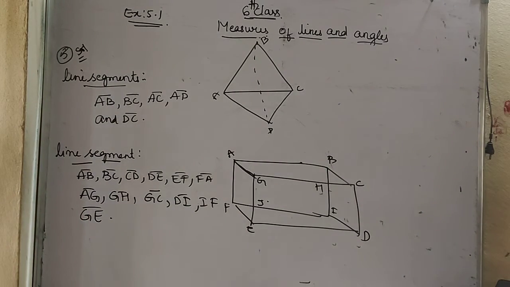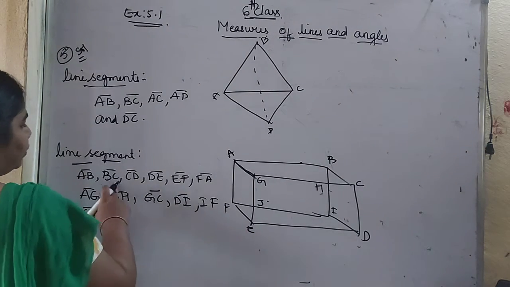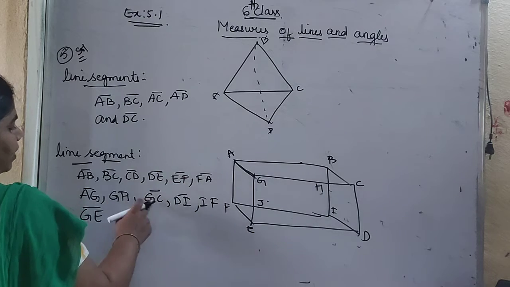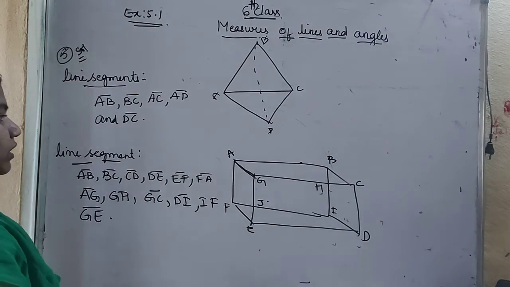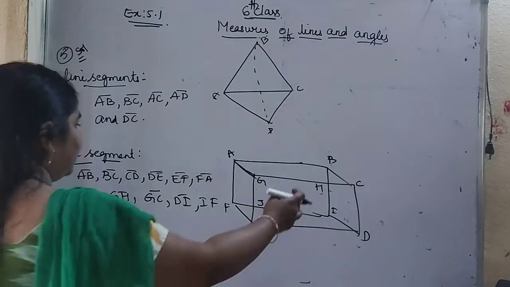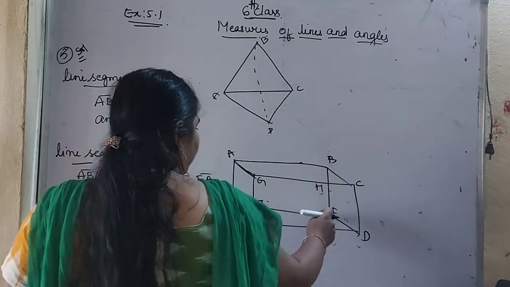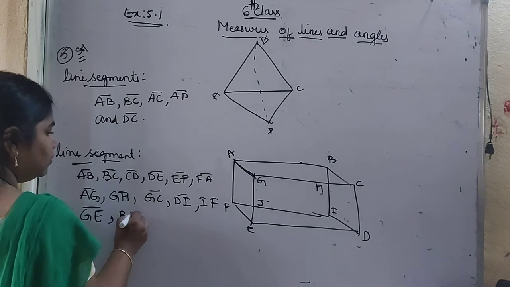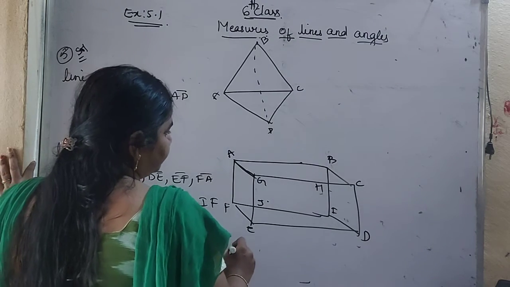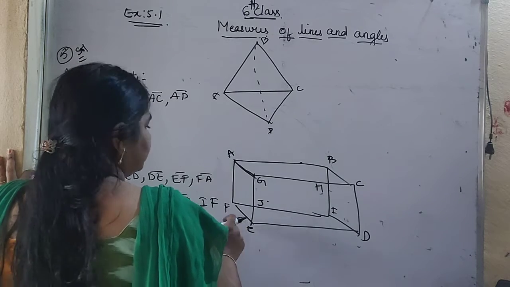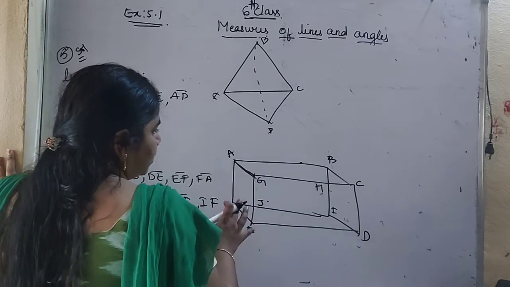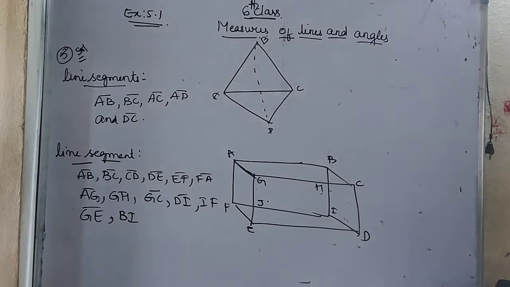So how many line segments have been formed? 1, 2, 3, 4, 5, 6, 7, 8, 9, 10, 11, 12 line segments have been formed. So anything we have missed here? I think BI we didn't write. BI line segment and FE we wrote. Yes. So these are the line segments found in this figure.